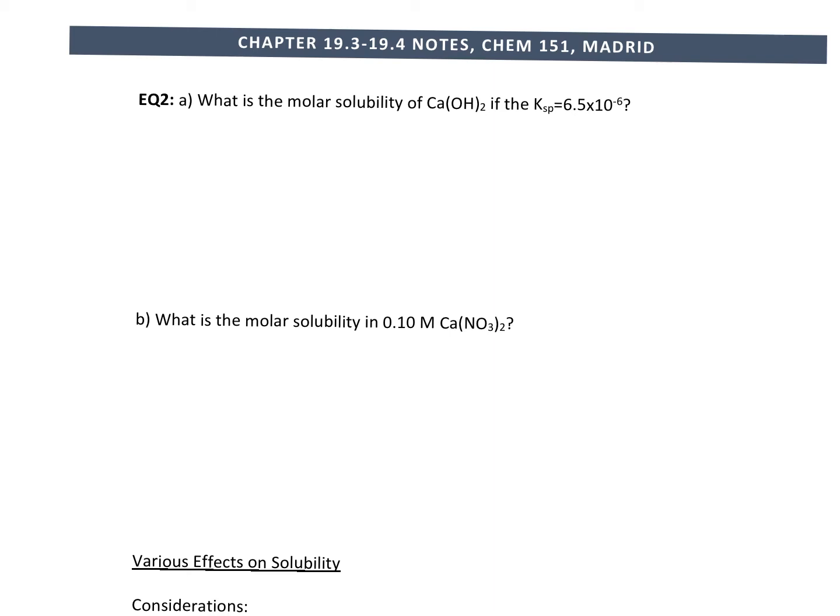So let's start by setting up our dissolution reaction for calcium hydroxide. It dissolves into calcium ion and 2 hydroxide.